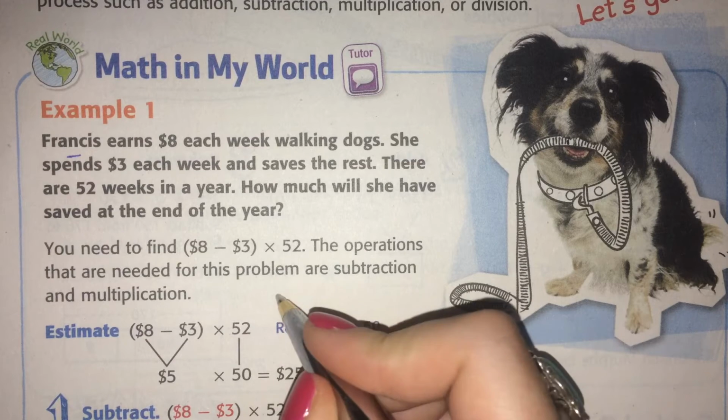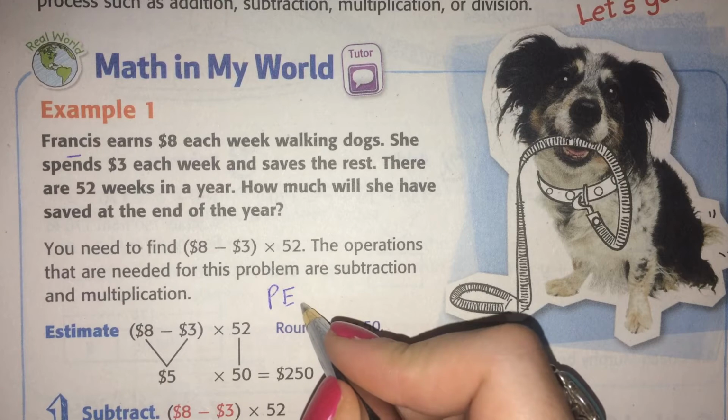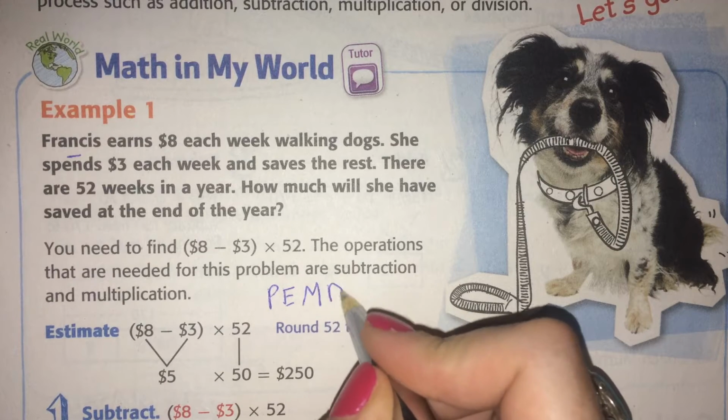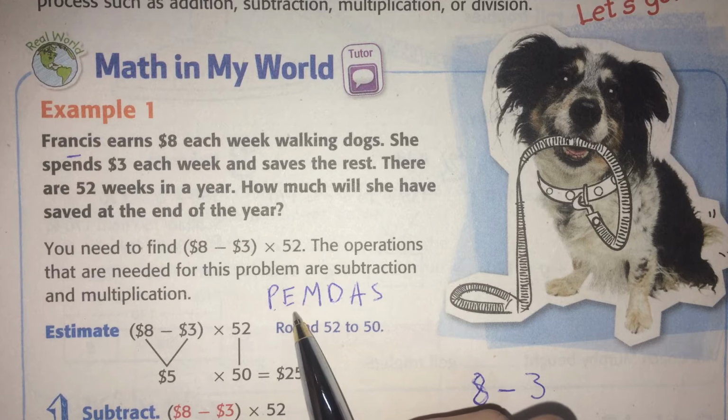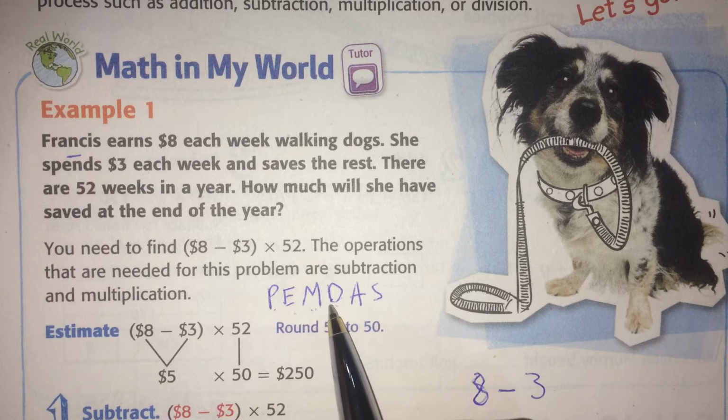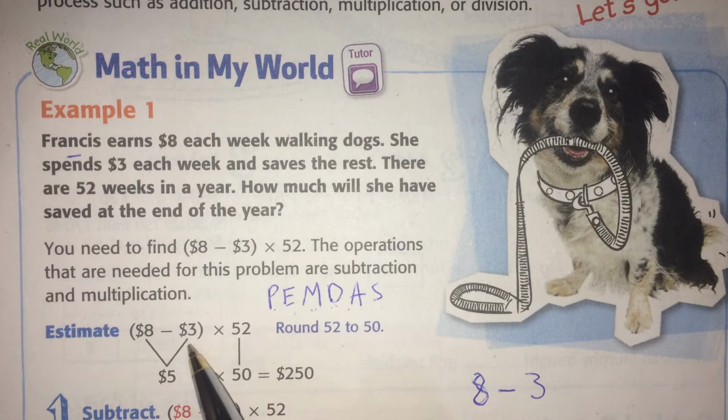Okay, so remember, we have PEMDAS, whereas Miss Rachel says, pirates everywhere make diapers all stinky. Parentheses first, then exponents, then multiplication or division, and then addition or subtraction. So we have 8 minus 3, so we have to just do 8 minus 3 first, okay?